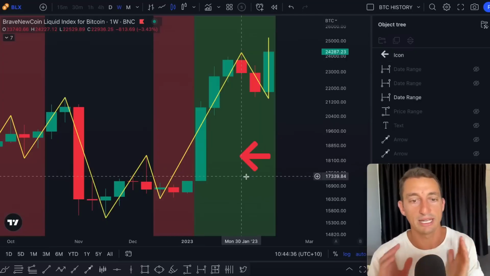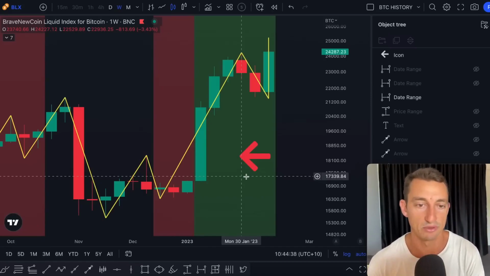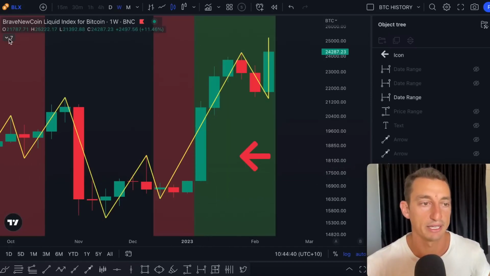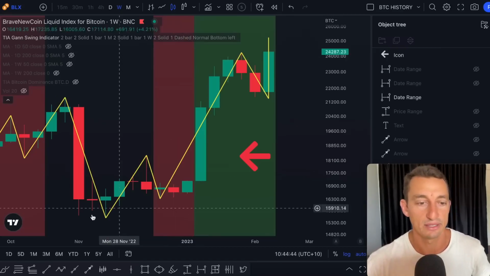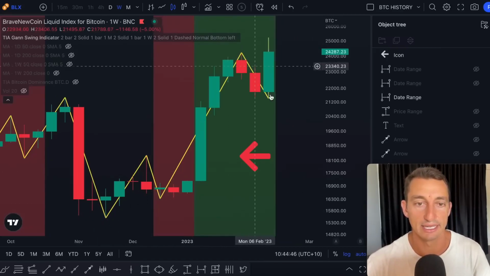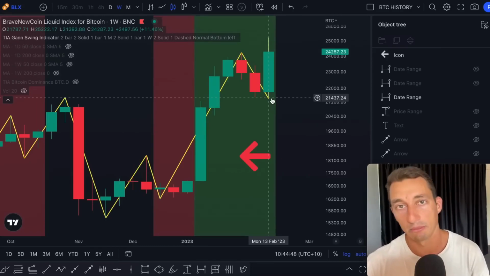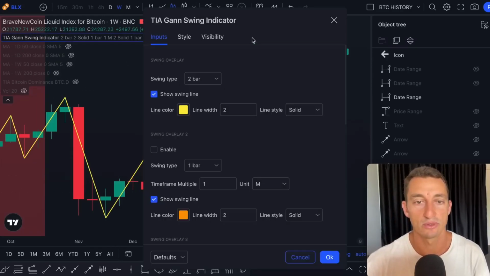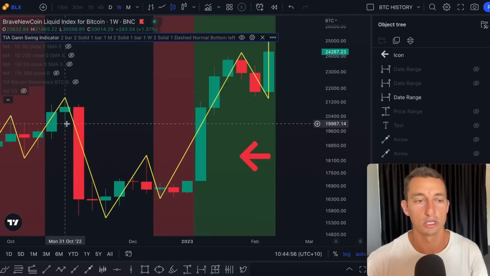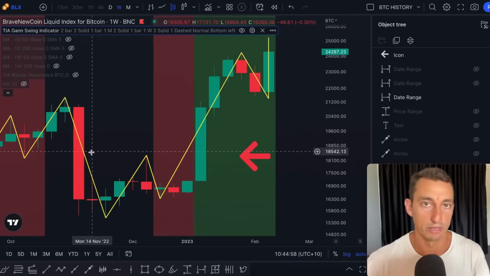All right, so we're looking at the trend reversal that has happened on the 2-week chart here for Bitcoin using our TI Gann swing indicator. This is the yellow line that you see here that is marking in the tops and the bottoms for the weekly chart. In terms of the data itself, we're using 2 bars. So we're looking for 2 moves in the direction of the trend.